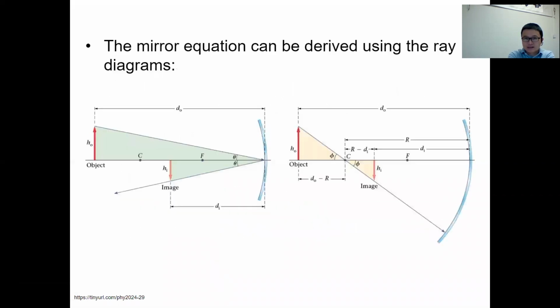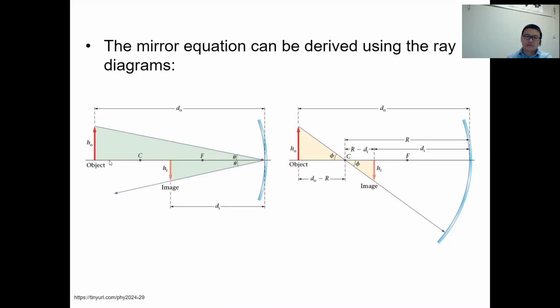Now that's the image formed by a convex mirror. So let's go back here to the derivation of the mirror equation, which relates the distance of the object to the mirror and the distance of the image to the mirror with respect to the focal length. Let's say you have an object here, with object height HO, and then you have its image over here.